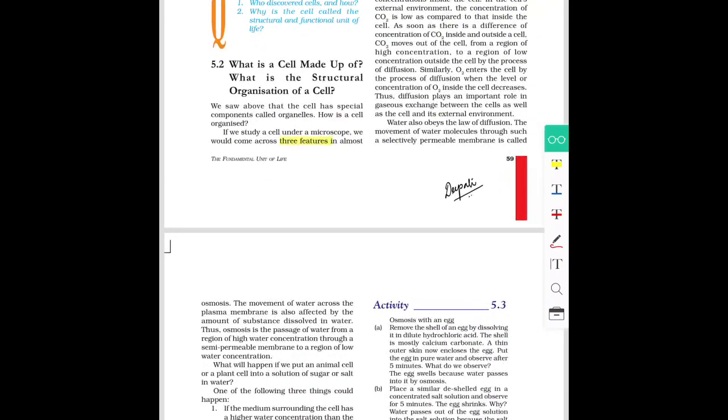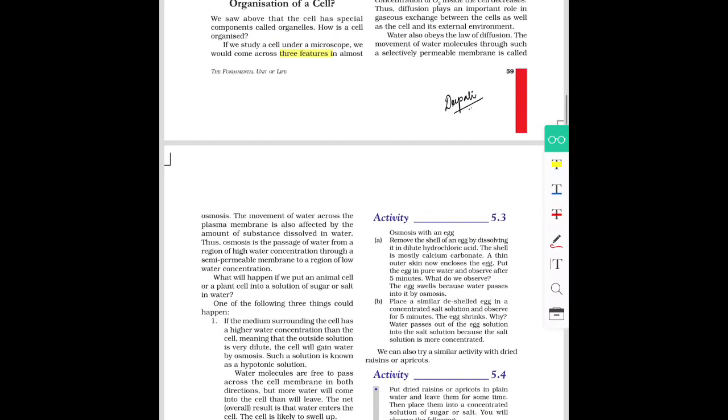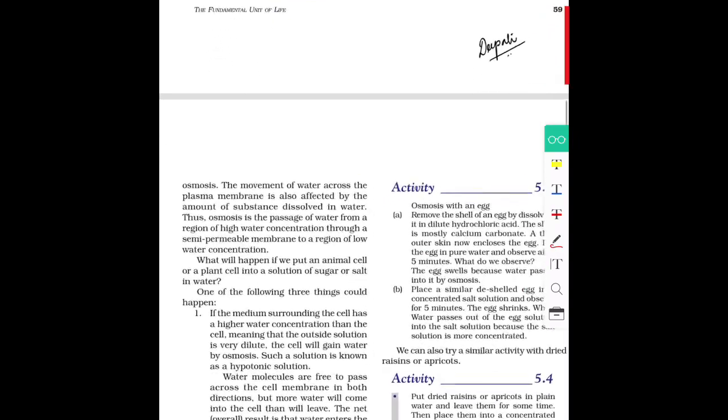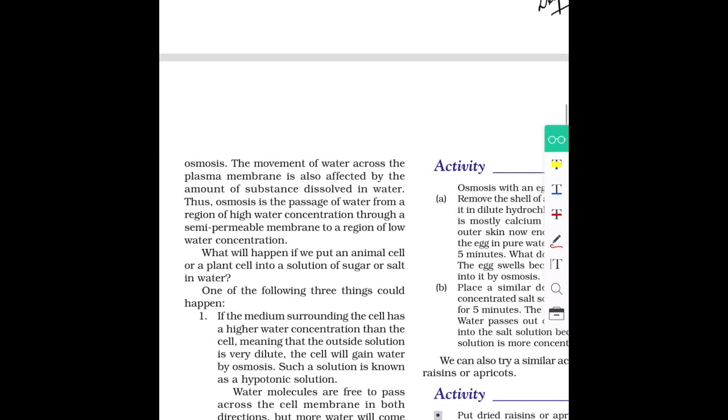The movement of water across the plasma membrane is also affected by the amount of substance dissolved in water. Thus, osmosis is the passage of water from a region of high water concentration through a semi-permeable membrane to a region of low water concentration.